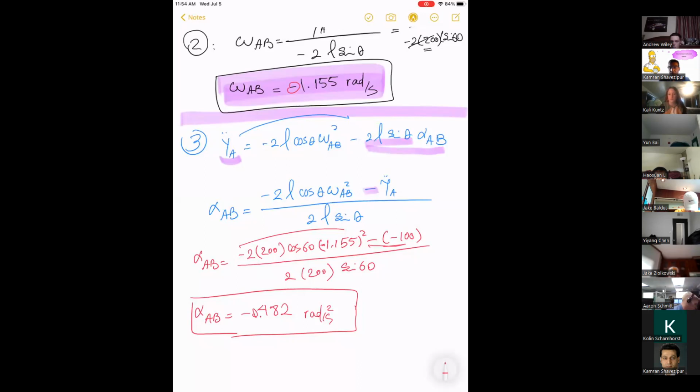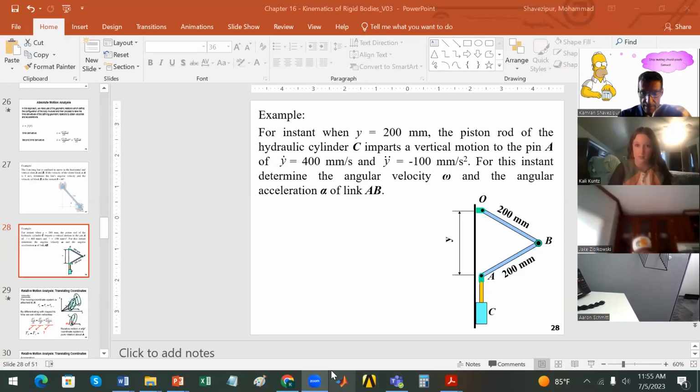If any X and Y become bigger, their X dot, Y dot value is going to be positive. If they become smaller, the X dot, Y dot value will be negative. Make sense? Okay. So that was the whole concept about this absolute motion analysis.